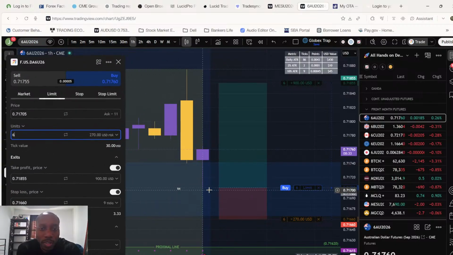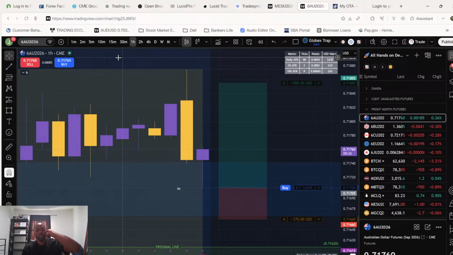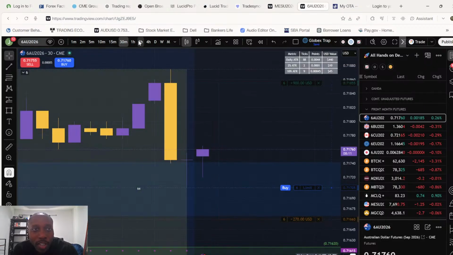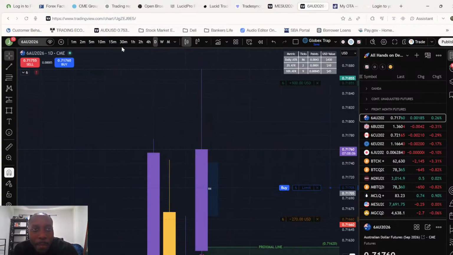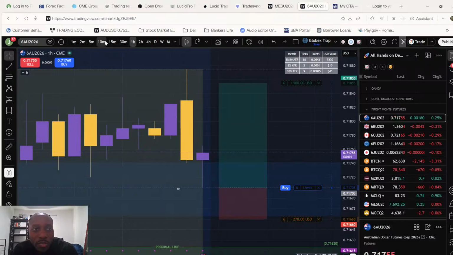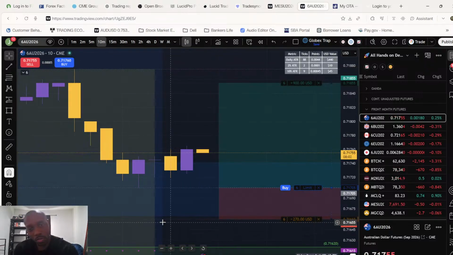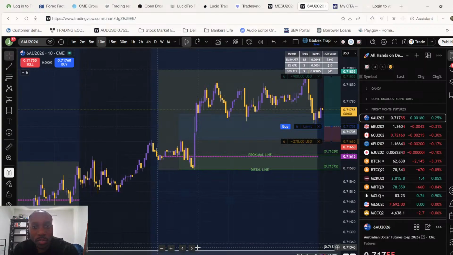Now, that was crazy, though. It literally touched a tick above my entry. It didn't tap me in. That was crazy. Still not sure if it'll go all the way up to where my target is, though. That's kind of high for the day on currency. It would have been a nice trade, though, assuming it continues upwards.